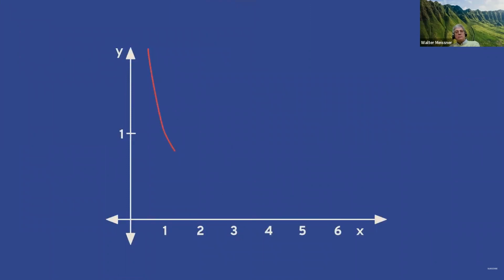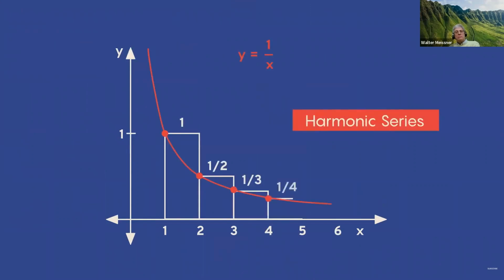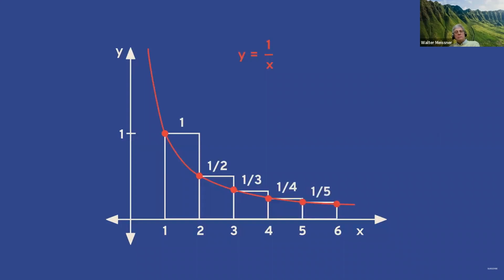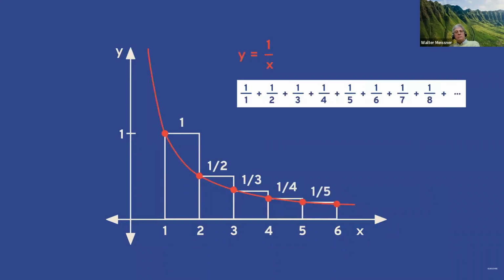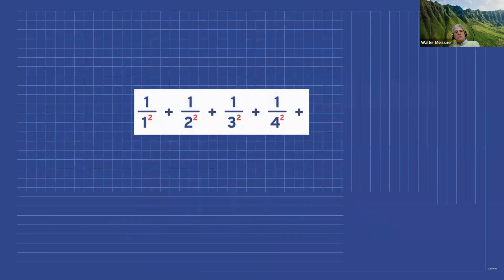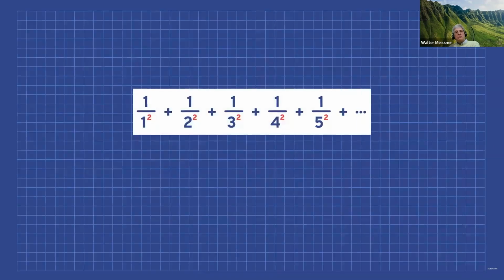Sometimes it can be rather tricky to tell if a given series converges or not. So for example, this series, which is called the harmonic series, turns out actually diverges, even though the terms themselves are getting smaller and smaller. This is really rather not obvious, and takes some mathematical gymnastics to verify. Now what about this series, the sum of 1 over the squares of all the positive integers?